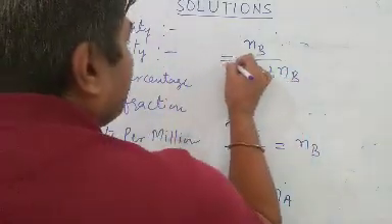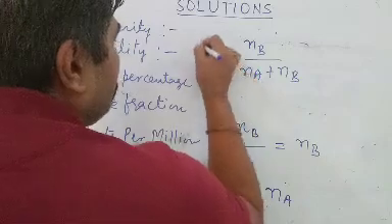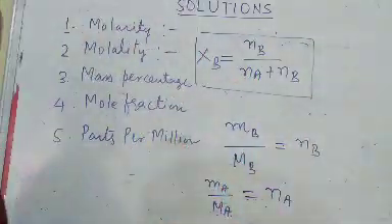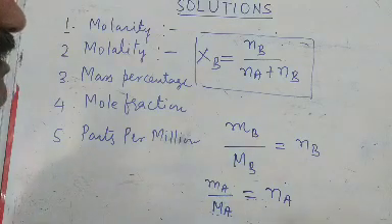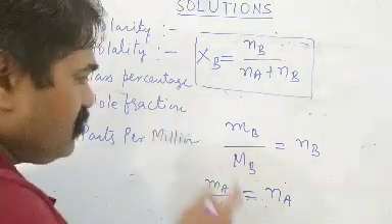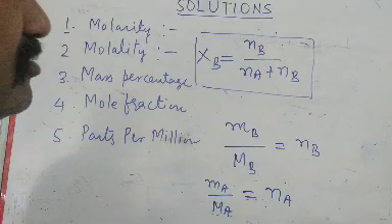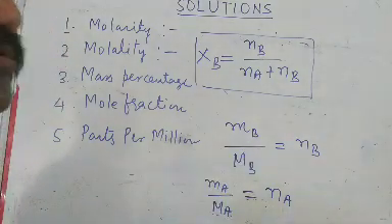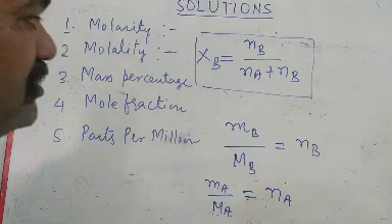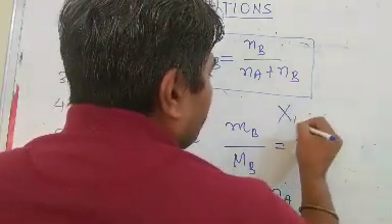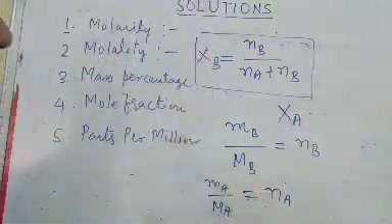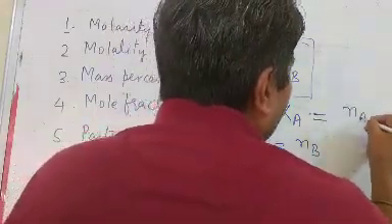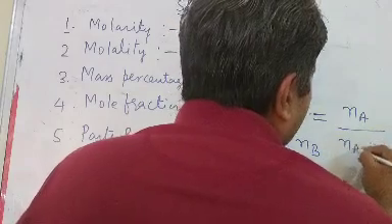This is denoted by Xb, the mole fraction of the solute. In a similar way, the mole fraction of the solvent is the number of moles of the solvent divided by the total number of moles, denoted by Xa, equal to na upon na plus nb.